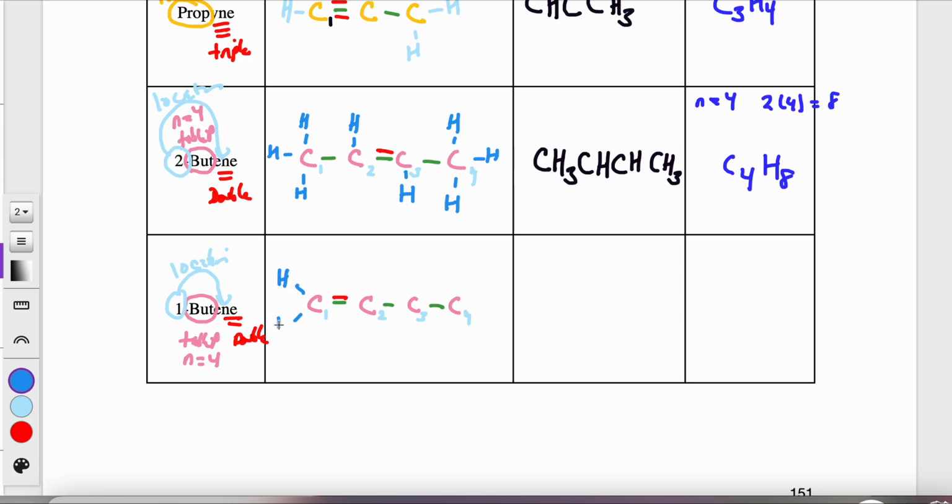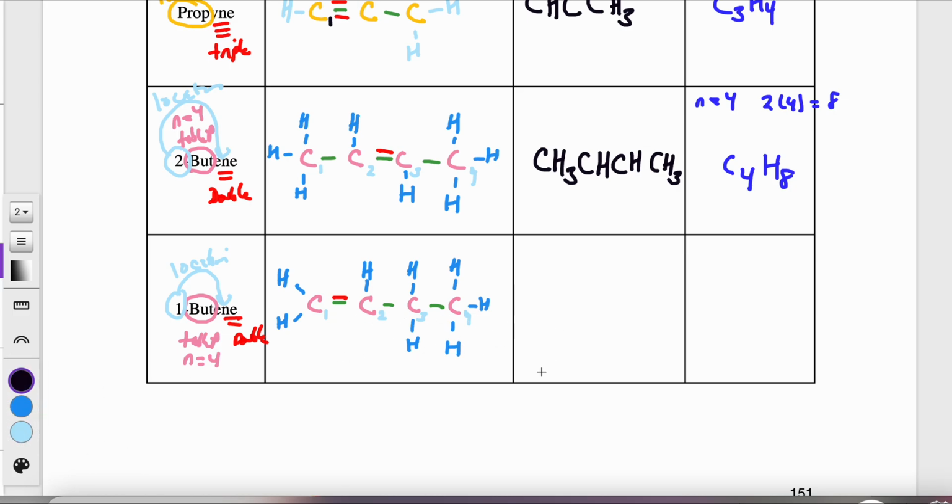And here are the H's. Carbon 2 has 3 bonds, so it only gets 1 hydrogen. Carbon 3 only has 2 bonds, so we add 2 hydrogens to it. And carbon 4 has only 1 bond, so we add 3 hydrogens to it.